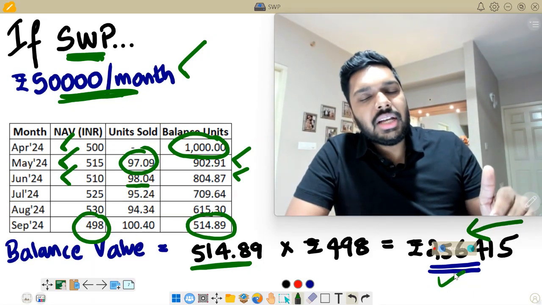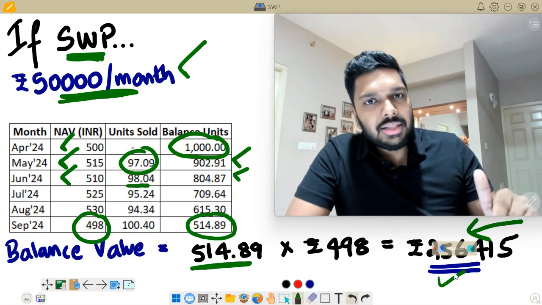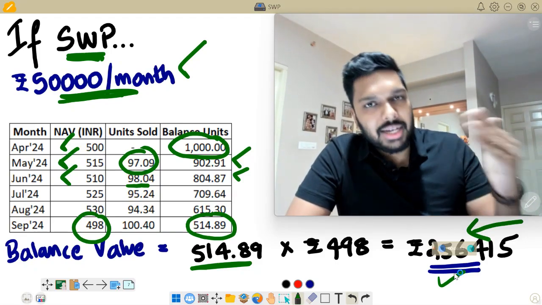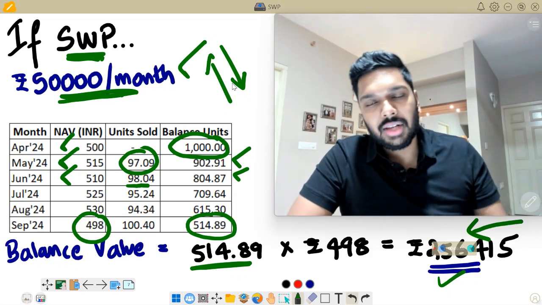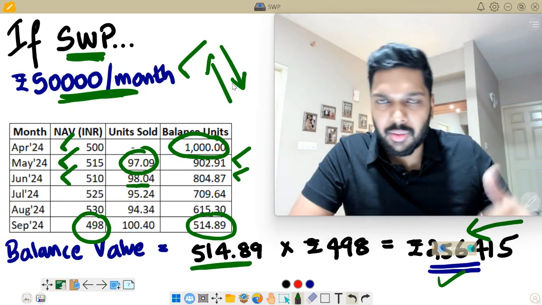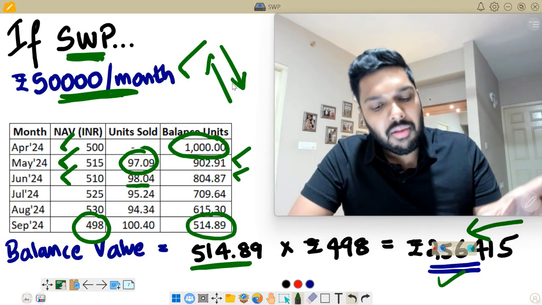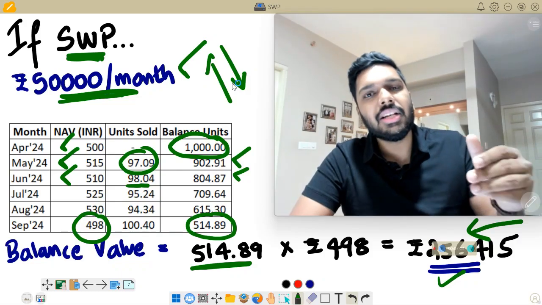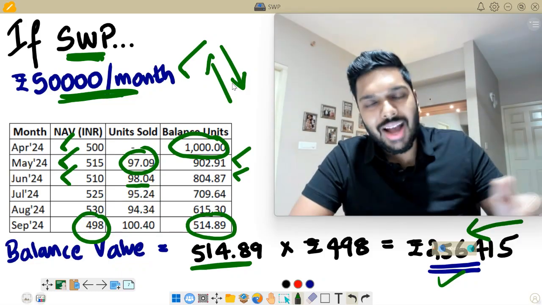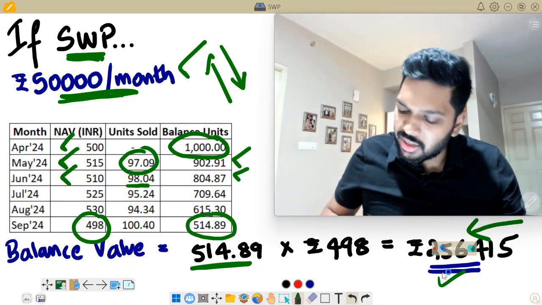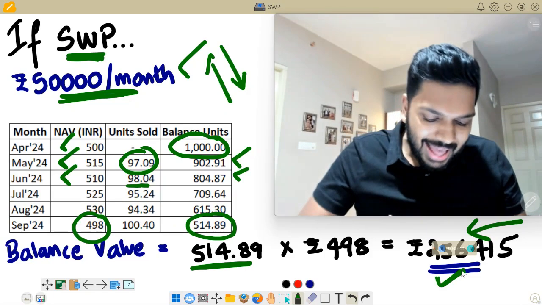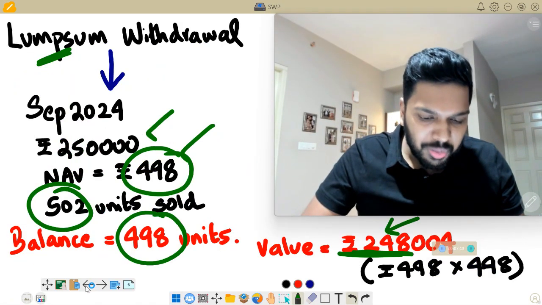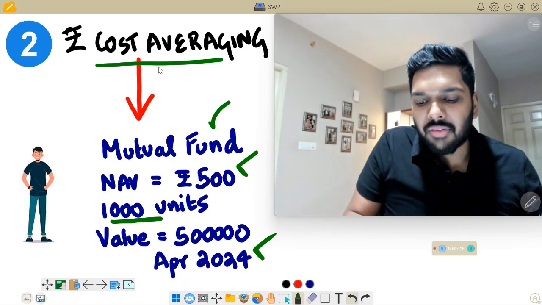So because you're doing a withdrawal every month from a fund which is market driven, the rise and the fall, or the fluctuations in the market, are taken care of by the SWP scheme, because even after you systematically withdraw, at the end of the 6-month period, you are still left with a value which is higher than the lump sum withdrawal. And this is the benefit of SWP. In other words, it's called the rupee cost averaging concept.